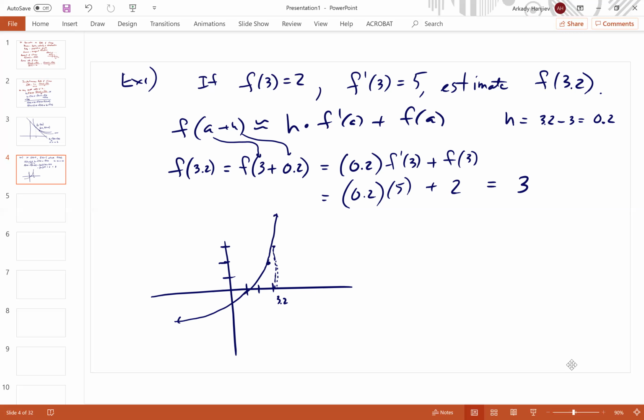Maybe the graph goes up to maybe like 3.1 or 3.4 or 3.002. That's fine, but at least I get a quick, excellent approximation.